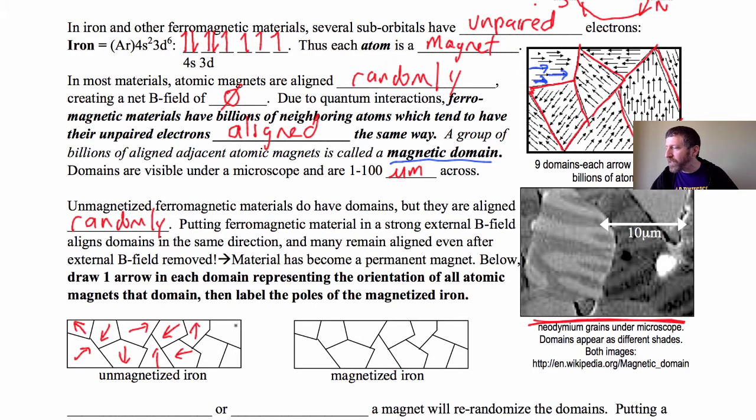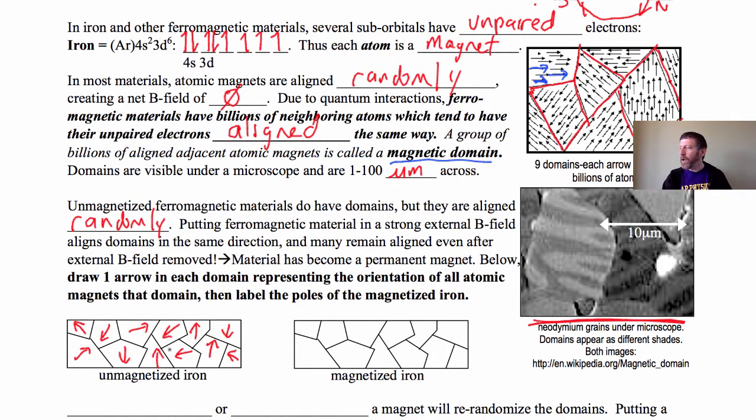What I'm doing here is representing every domain with one arrow, showing how the billions of atomic magnets are aligned. In the picture up here, every arrow represents billions of atoms. In this picture, every arrow represents a single domain with its atomic magnets aligned in the direction shown.